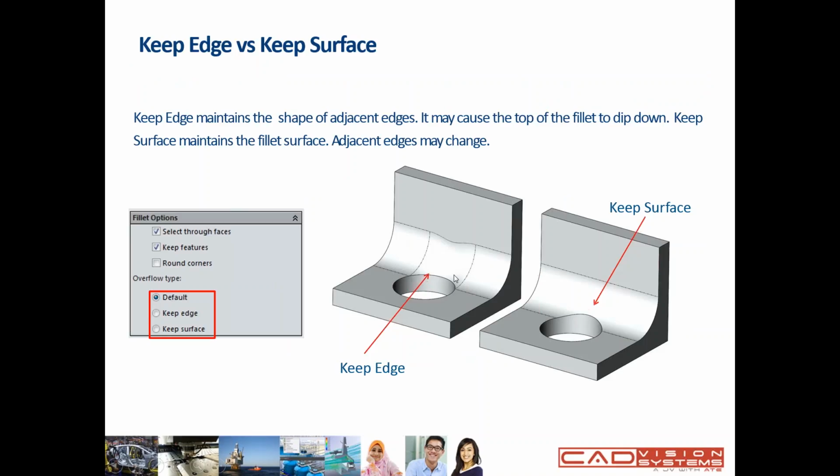Okay. Because it needs a face to end, there can be 2 options for you to adjust the face. Either you want to keep the edge of the circular hole, let it become this way, so that the circular hole, the edge geometry is not changing. So the fillet will become this way. Or you want to keep the surface of the fillet shape, meaning you want to have a constant shape of fillet.